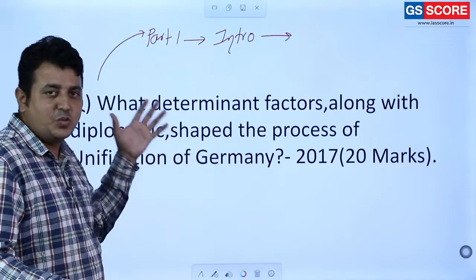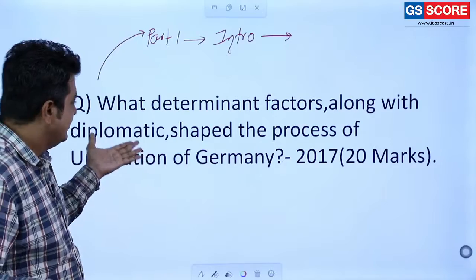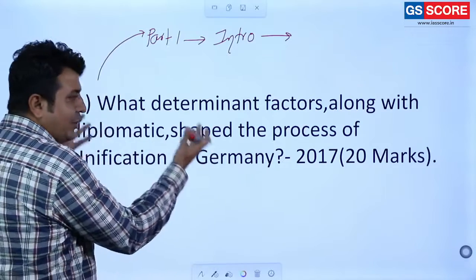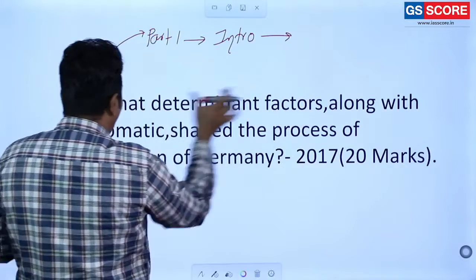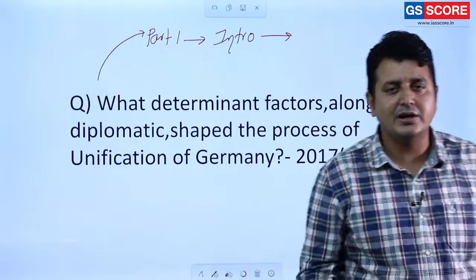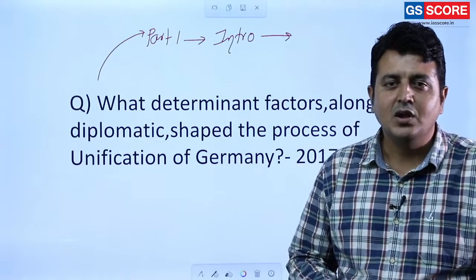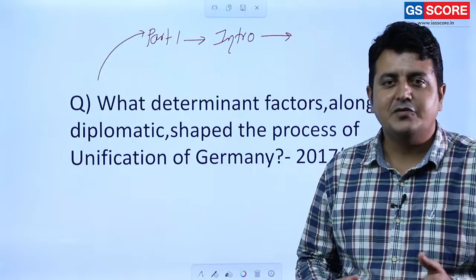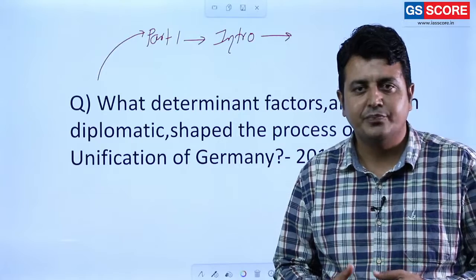As I mentioned, questions contain the answers. You get the answer here. So here you already have the exact question: determinant factors along with diplomatic. So the introduction should be like this. You can write in simple words that the unification of Germany was not an event, it was a process, and it started long ago in the 18th century.